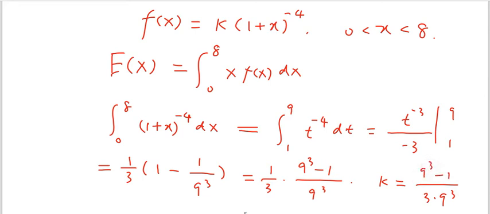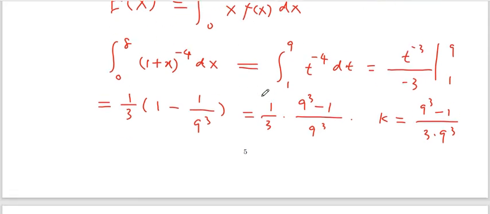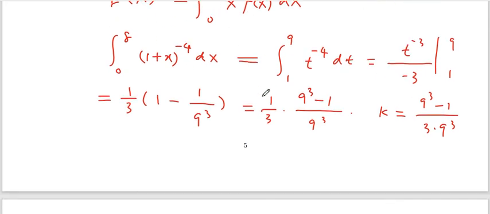So I think this number is quite big. So this x times fx integration becomes this. We forget the k, or put the k outside. X, what is fx? So 1 plus x to the -4, dx.